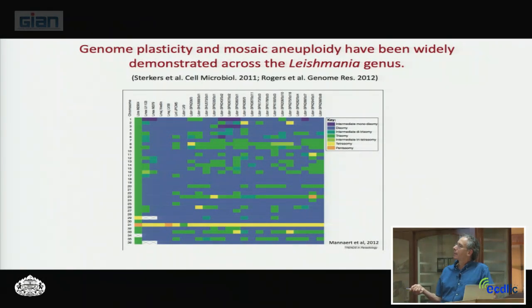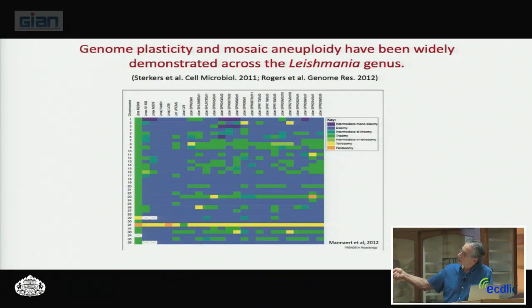They looked at the depth of reads of whole genome sequences of these parasite genomes to ascertain the chromosome copy number of the 34, 35 or 36 different chromosomes that are listed here. And this is a heat map, so the different colors represent the somy levels for each of the different chromosomes.